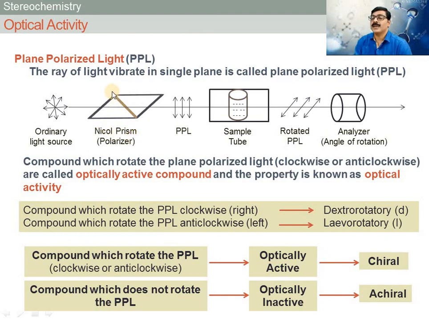A Nicol prism is a slab of glass, and if you cut the opposite edge of this glass and then join it by using a solution called Canada balsam, then a polarizer is obtained, and this polarizer is called a Nicol prism.